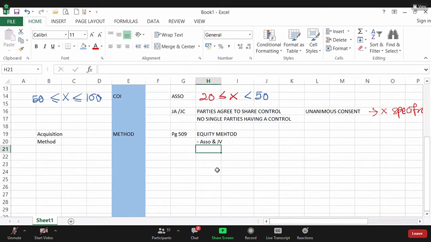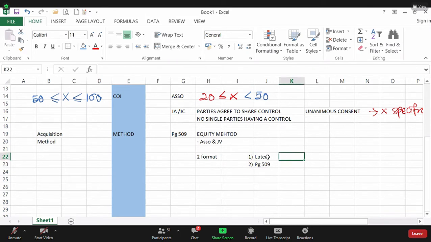Investment at cost. So you got two formats actually. Format number one, I will show you later when we do exercise. And format number two, you have to refer to the textbook, page 509. What is the difference between these two formats?